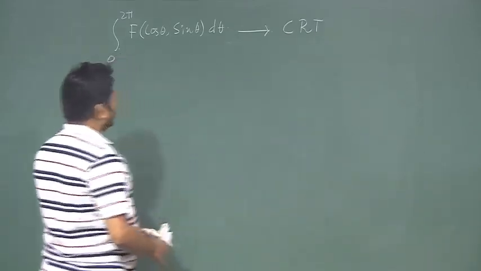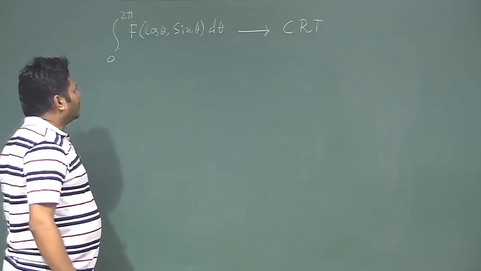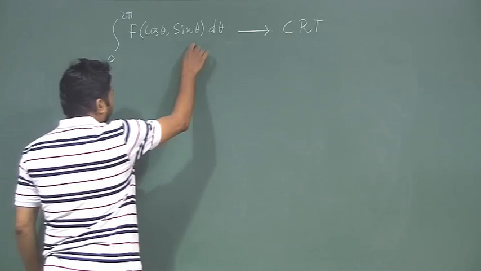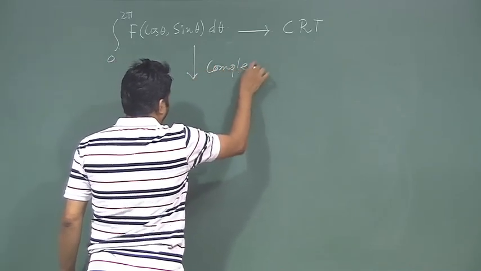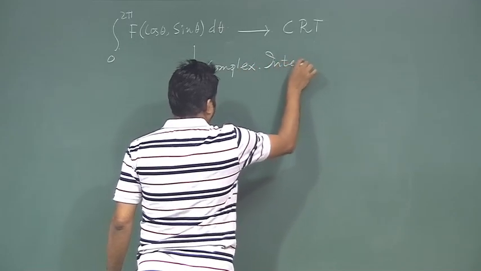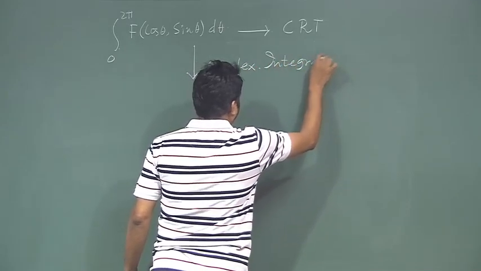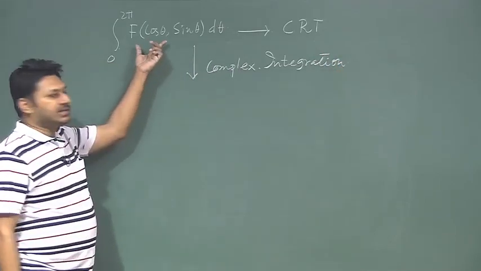So, let us try to find out how to convert these things to a complex system. First I need to convert this to a complex integration. The integration that is given to us is real, I need to convert it to a complex integration.